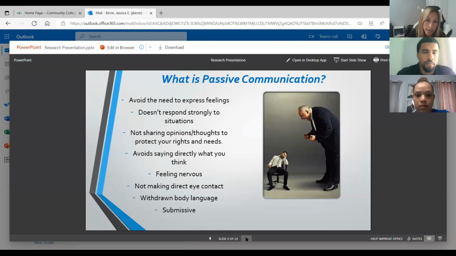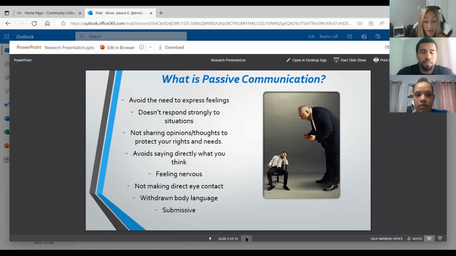So what exactly is passive communication? It's a style in which individuals have developed a pattern of avoiding expressing their thoughts and feelings. During passive communication, a person might prioritize others' needs, wants, and feelings over their own, at their own expense.